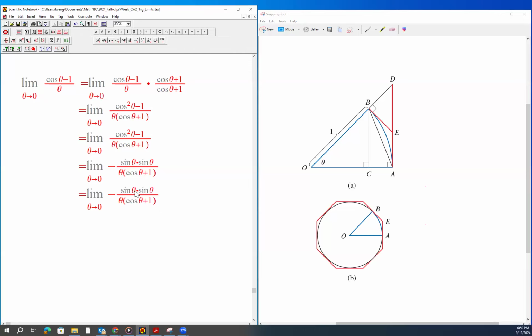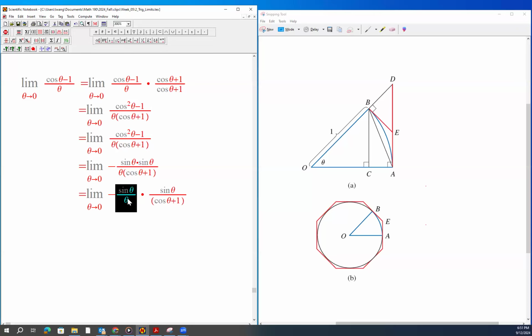So we're going to split sine theta over theta, right? So I'm going to set up another fraction. I'm going to bring this fraction over, so one of the sine theta is moved over. So basically the same thing, we just moved them around, still multiplying.